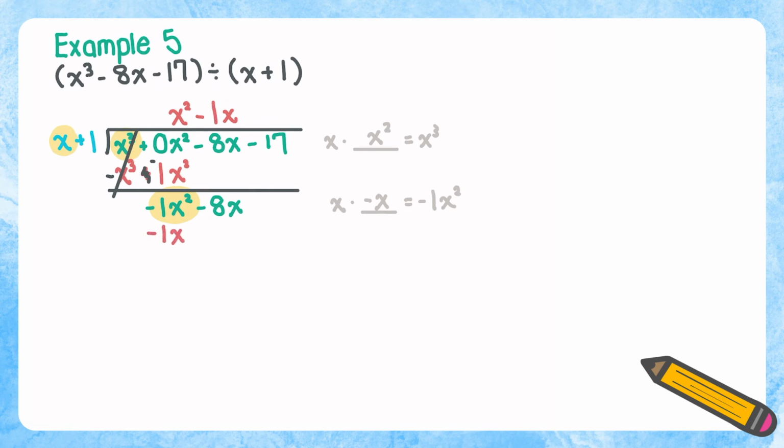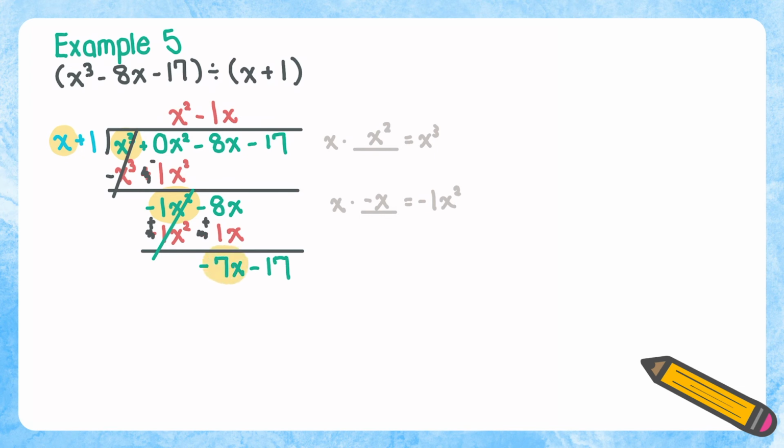So I get negative 1x squared minus 1x. Remember to be especially careful when you're working with negatives. Alright, I'm going to switch the signs for both terms. Alright, this cancels out, and then negative 8x plus 1x is negative 7x, and then we pull down the minus 17.